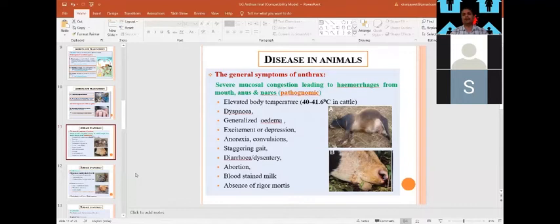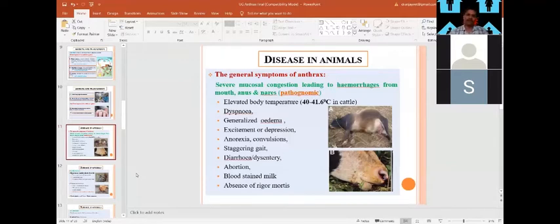We can also see oozing of dark tarry colored unclotted blood from all the natural orifices. These are the pathognomonic lesions. If these signs are present, we can say this is a case of anthrax. Pathognomonic lesions are those lesions that ensure the definite diagnosis of a disease.